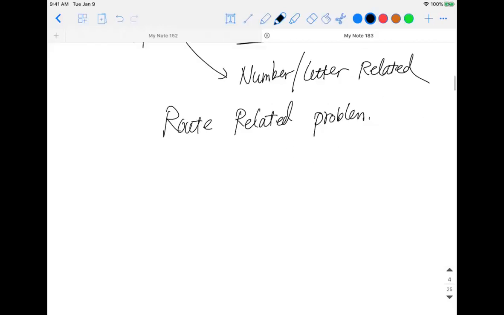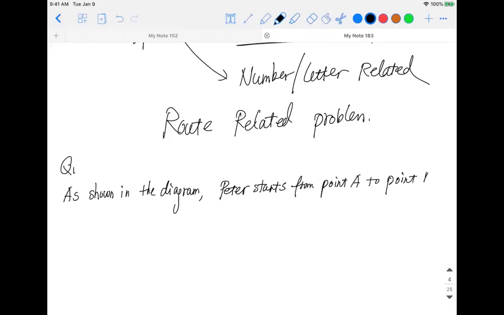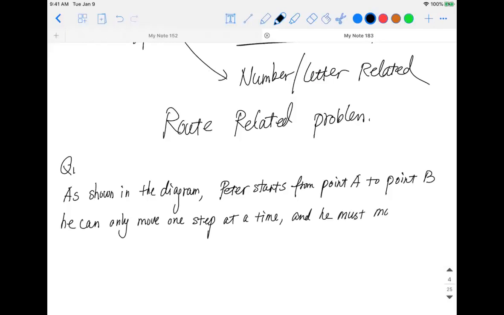Okay, let's go for our question number one. Question number one says something like this. As shown in the diagram, Peter starts from point A to point B. He can only move one step at a time, and he must move to the right or to the south.